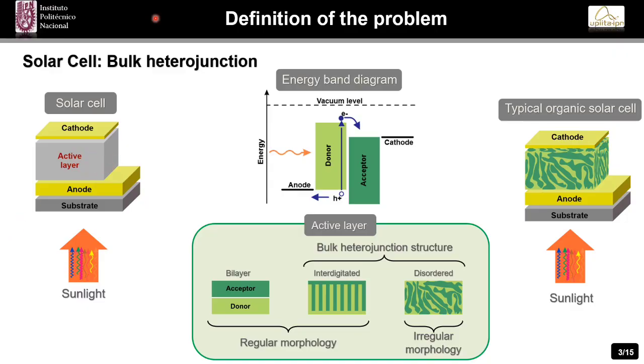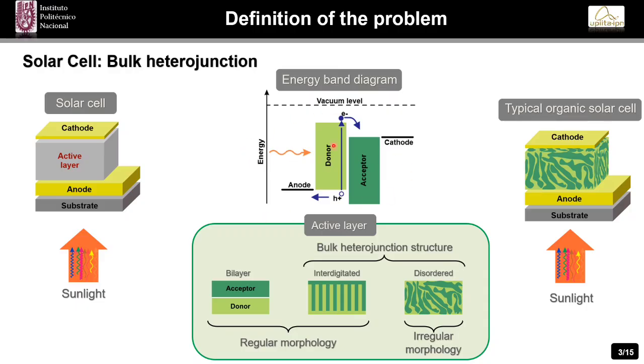These devices have been attractive because they have potential to be very cheap, lightweight, and mechanically flexible. Despite these advantages, organic solar cells don't yet have the efficiency required to compete with inorganic solar cells. In order to improve their performance, it is necessary to understand how they work.